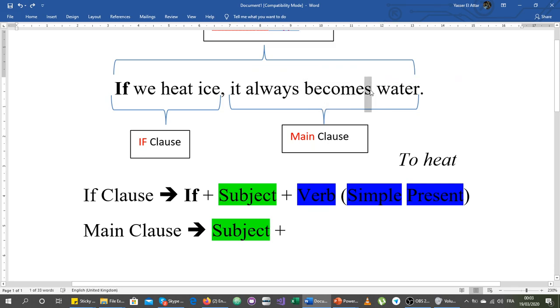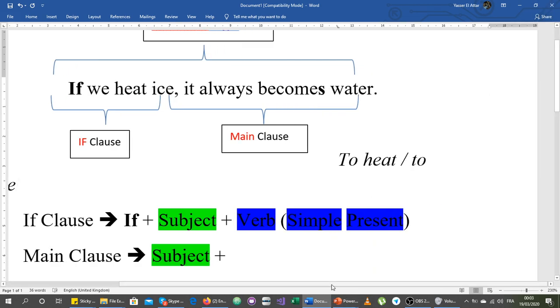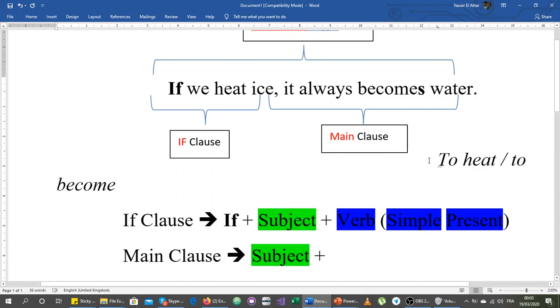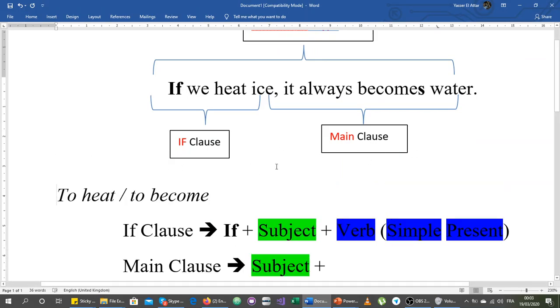We added an s here. So the verb is the verb to become.